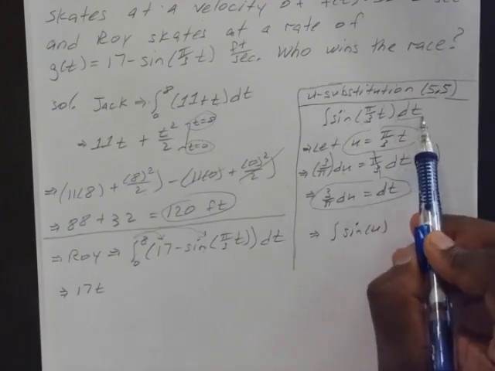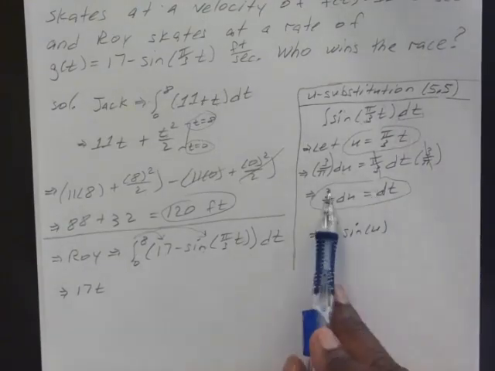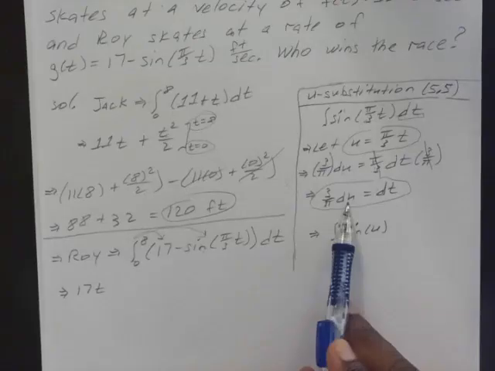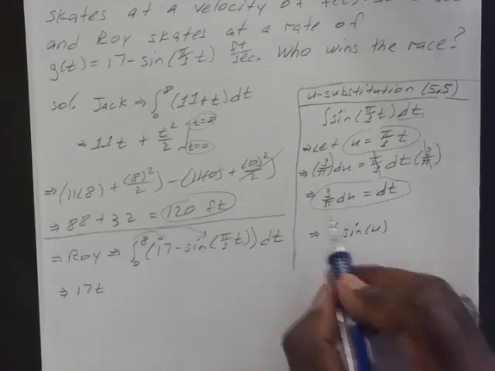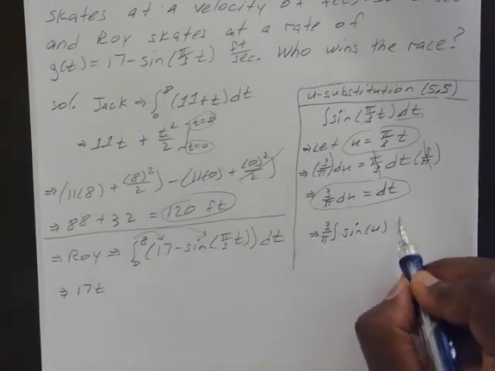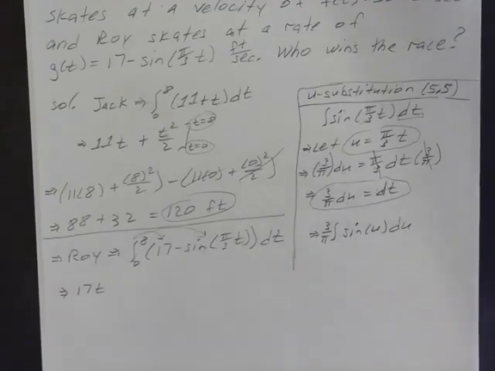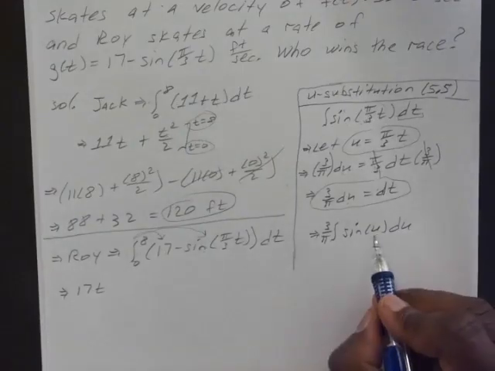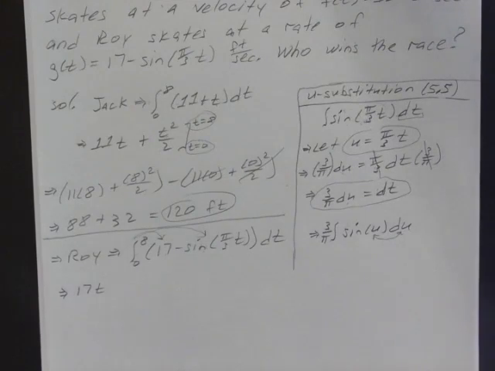And that dt, we're going to replace with 3 over pi du. So that 3 over pi, we're just going to factor out to the front. So we have the integral of sine of u du. Okay, so now our independent variables match.